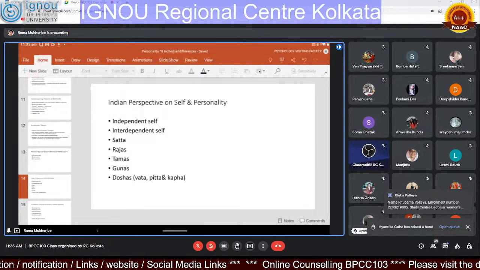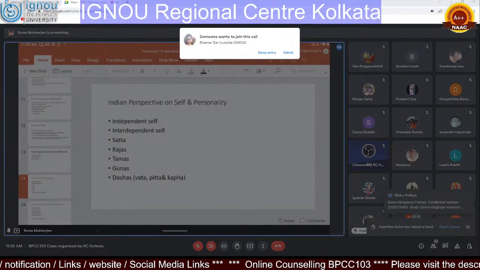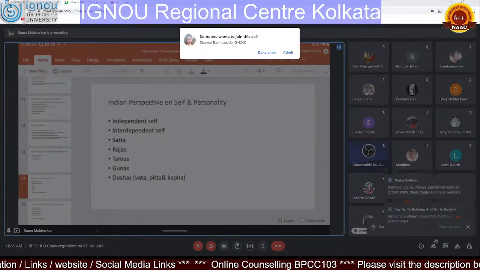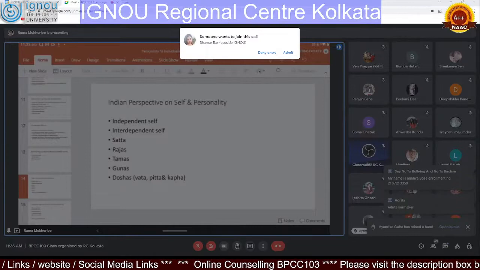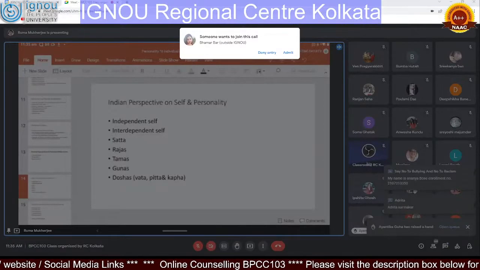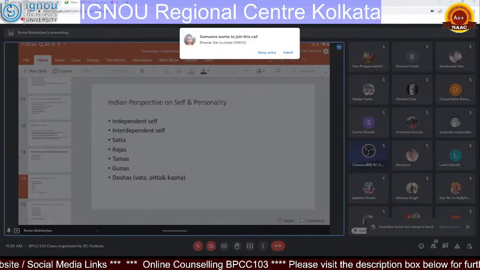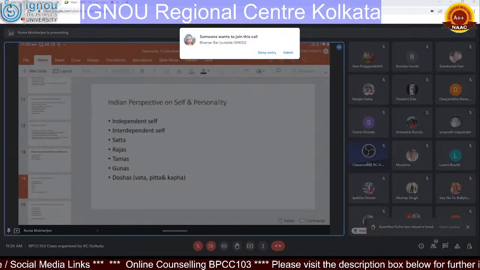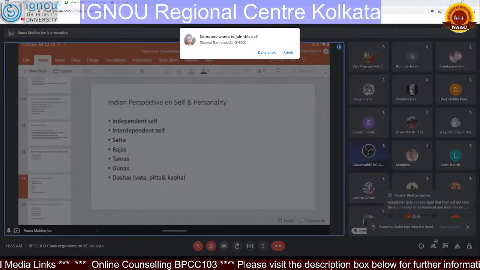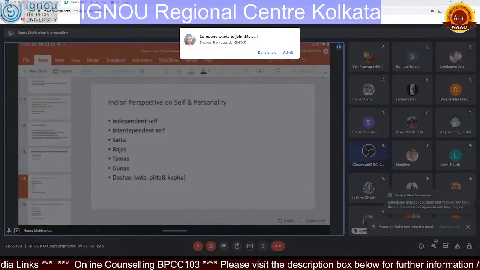So tamas means a negative aspect of our personality, like anger, fear, laziness, and all the negative emotions that we possess. So all these three aspects of personality are there in each individual. However, one type may predominate over the others.